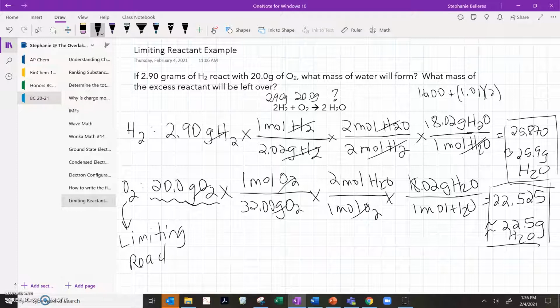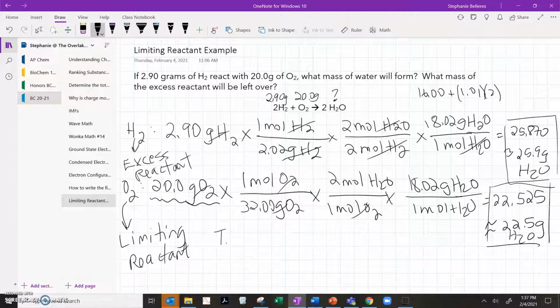And then once this guy is all done, once I've consumed those 20 grams of oxygen, then the reaction stops. I don't have enough of my starting ingredients to produce any more water, and so I'm left with excess hydrogen that is left unreacted. All right. And the theoretical yield, or the amount I'm going to produce, is the lowest of those two numbers that I just calculated.